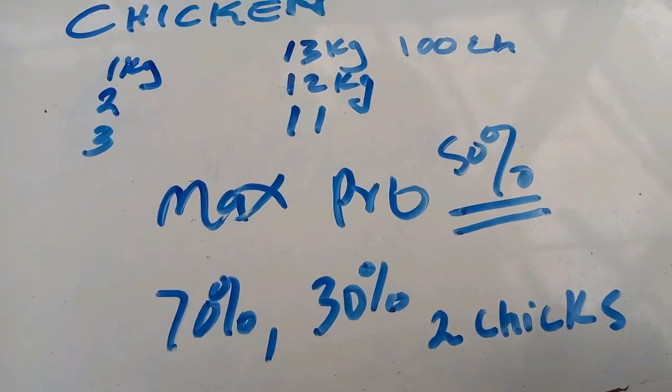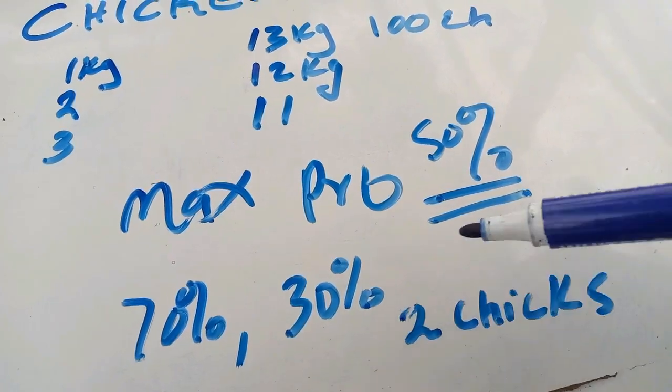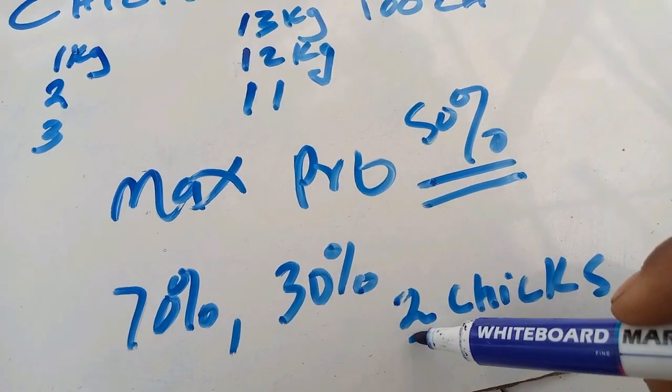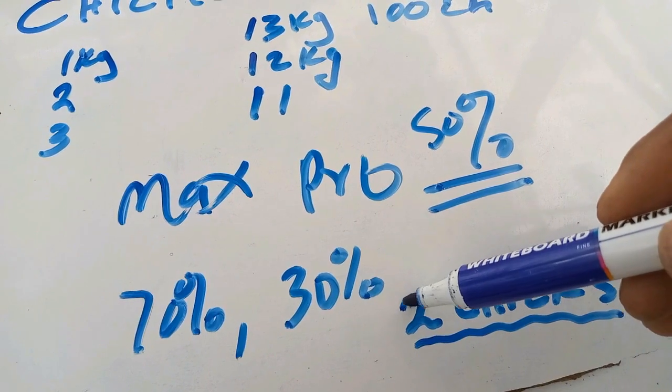At that 2-month old chick stage, that is the best for the indigenous chicken. You start training your chicks to use the fodder.